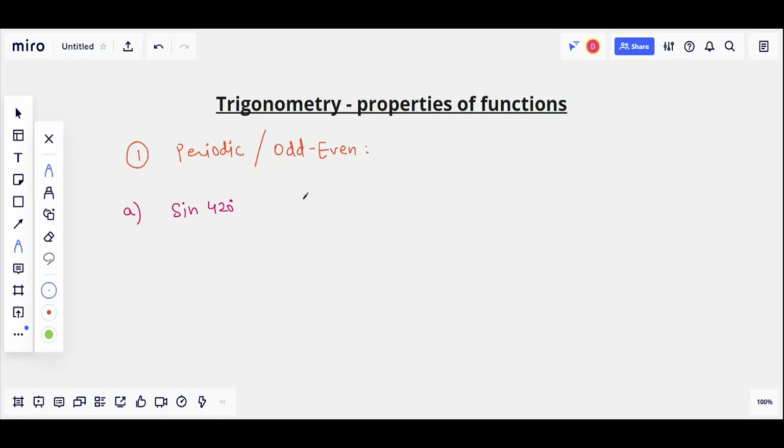So we need to find a value of sine of 420, but in order to find this, we first need to convert this basically in the first quadrant. So we know that 420 is nothing but 360 plus 60, and we know the property which we read that since the time period of sine is 360, so sine of 360k plus any angle theta is actually sine theta, where k is any integer, because the sine repeats itself after every 360 or a multiple of 360.